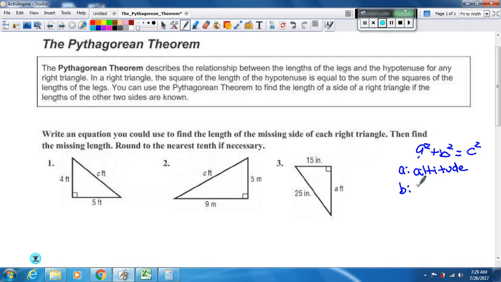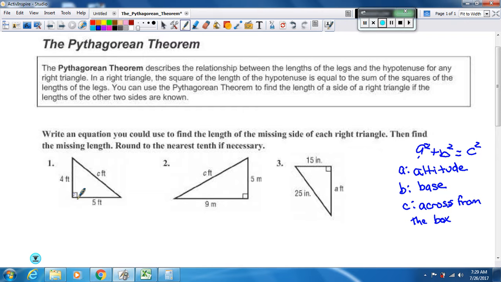B is the base of the triangle, and C is always across from the box. It's the longest side. When I say across from the box, that means it's across from the right angle. In geometry, they will use a right angle as a box.